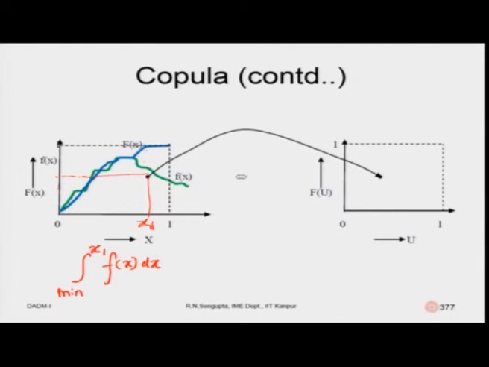So, that would be the total area, or the sum of the probabilities.